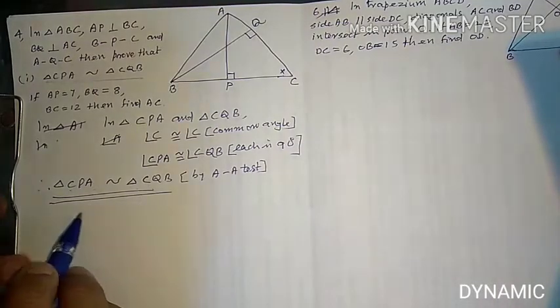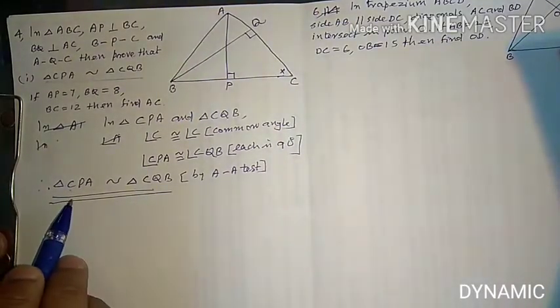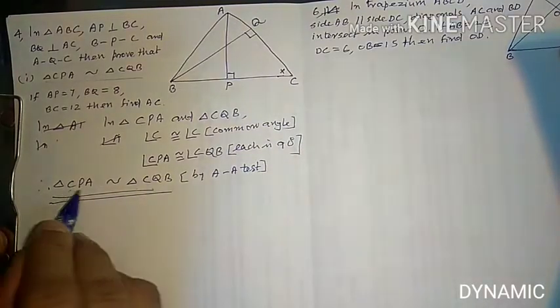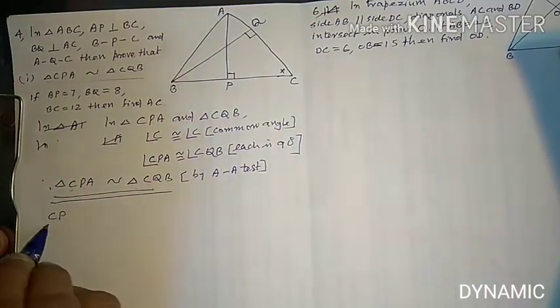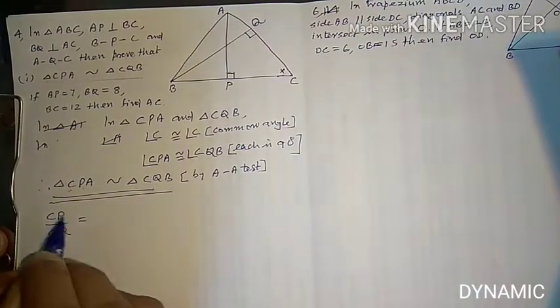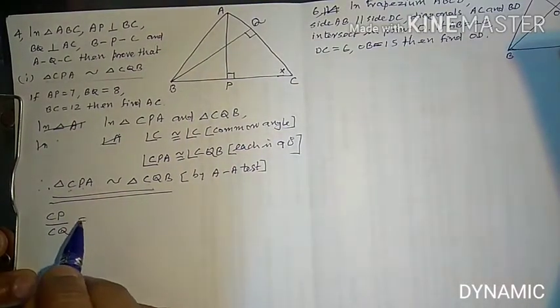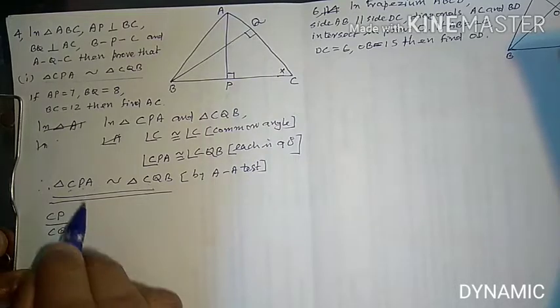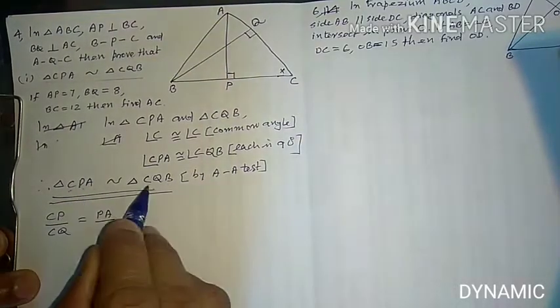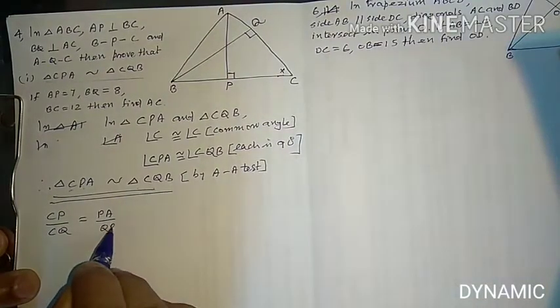Now they are saying if at all triangles are similar, their sides are proportional. That is CP upon CQ is equal to, the second side we can write here, PA upon QB.